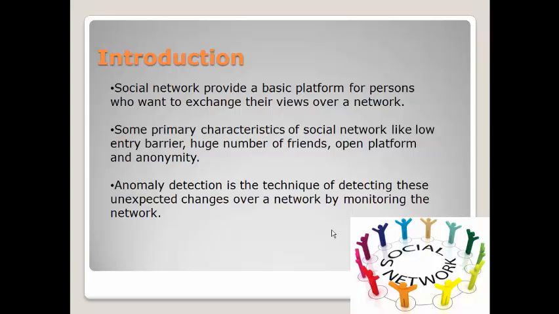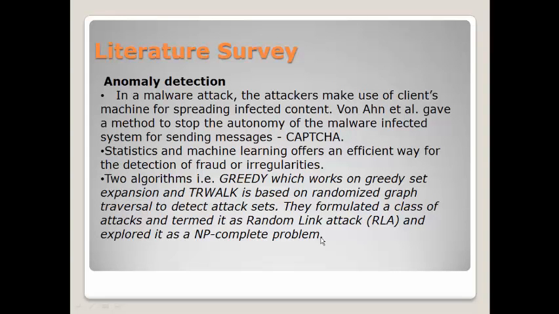To detect these attackers or fraudsters, we have certain anomaly detection techniques. Anomaly detection is a technique for detecting the unexpected changes created by a fraudster over a network by monitoring the network.